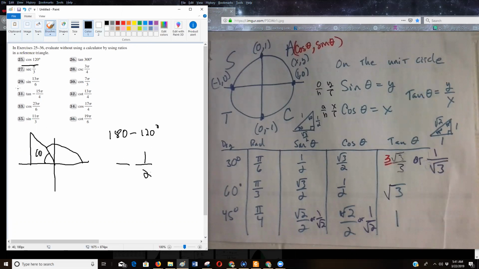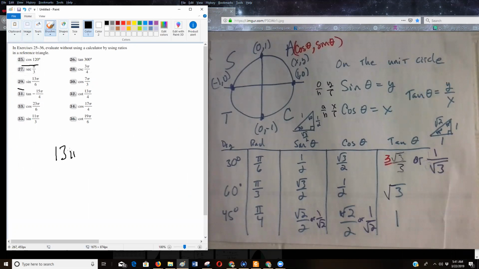How about something like number 29 with a sine of 13 pi over 6? I had a student, the first couple of times I taught pre-calculus, who was having a hard time finding the reference angles when they give them to you in radians.